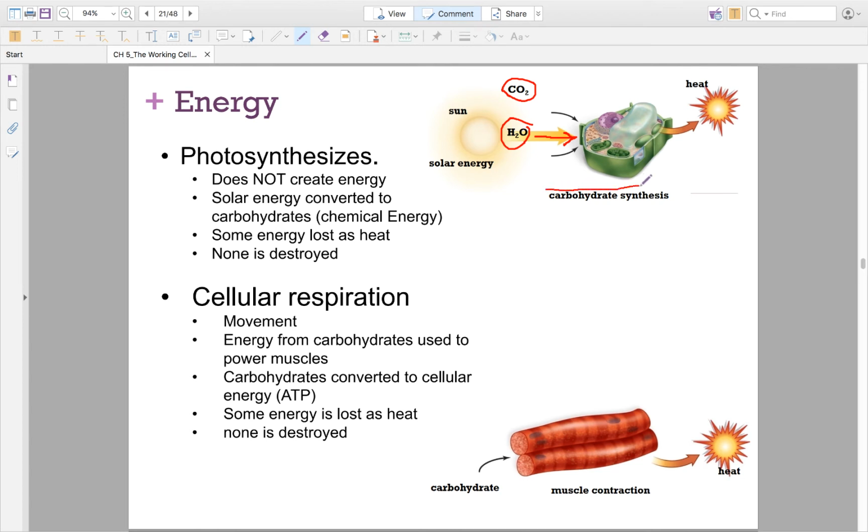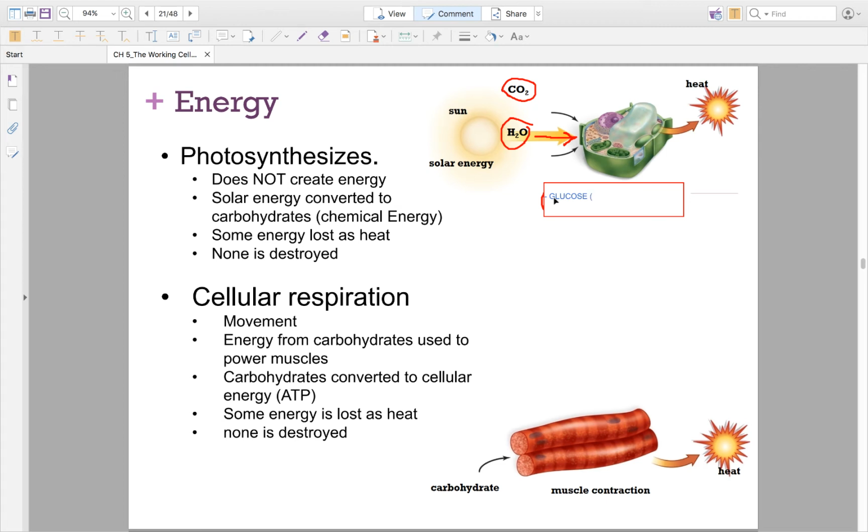They make carbohydrates. Okay, more specifically, the book says carbohydrate synthesis, and that's great, but the book needs to be a little more simple. More specifically, what this thing is doing is making glucose, and I want you to remember that.